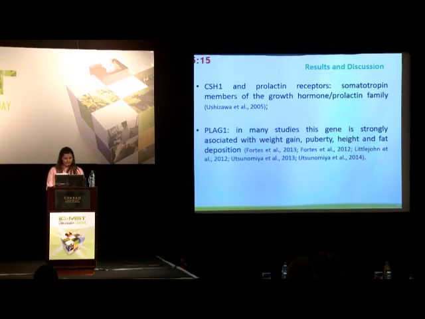CSH1 influencing growth appears to be through control of IGF-2 expression. In some studies, this gene is related to Silver-Russell syndrome in humans, described as a problem in growth. About the PLAG1 gene, in many studies, the gene is strongly associated with weight gain, puberty, height, and fat deposition.